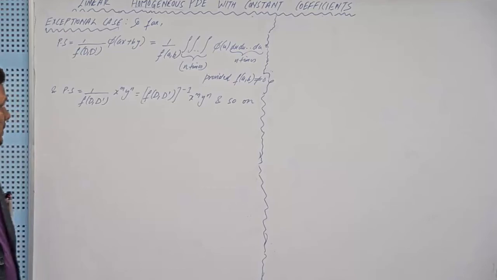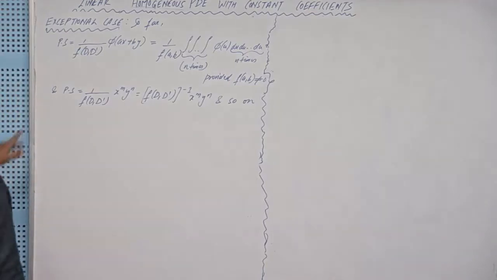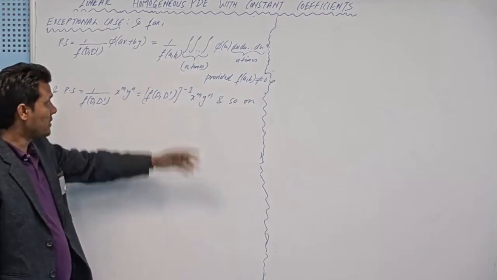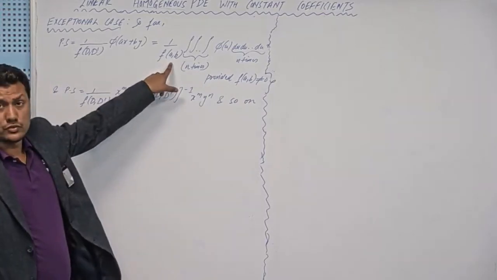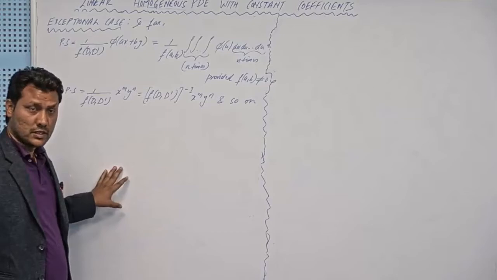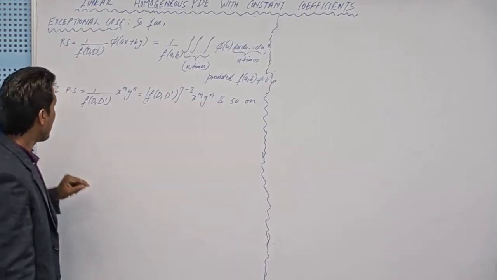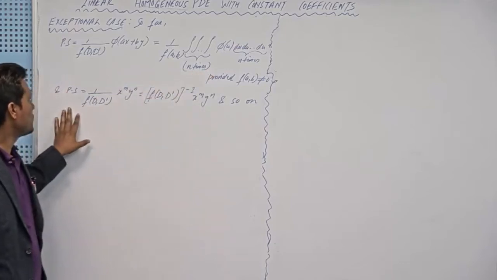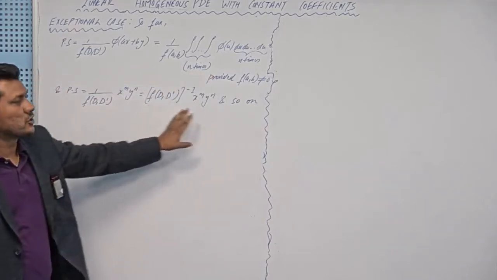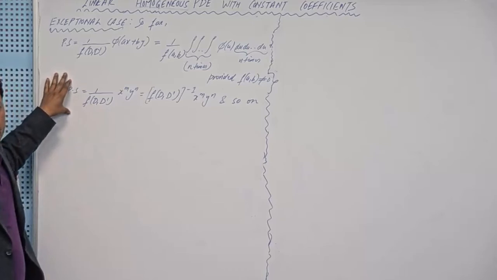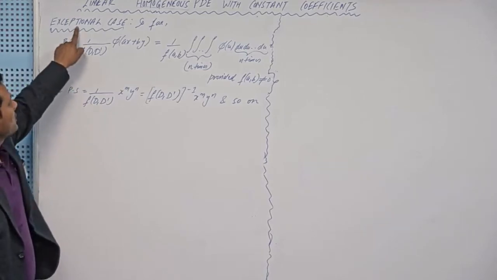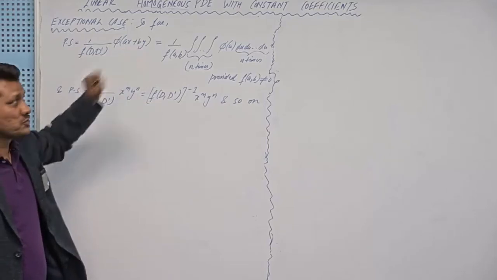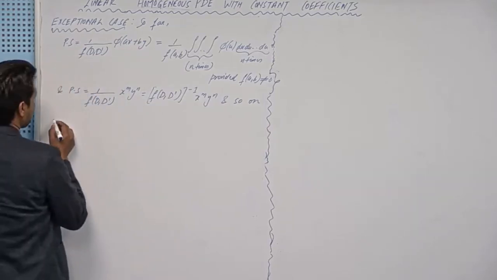But especially for this case, because I have to write 1 upon f of a comma b here, there is always a danger of getting f of a comma b equal to 0, and that will be discussed in this part of the video. Leaving this one, because for that case we don't put a and b, we just apply binomial expansion, so that is fine. So the exceptional case is when the right hand side is phi of ax plus by.